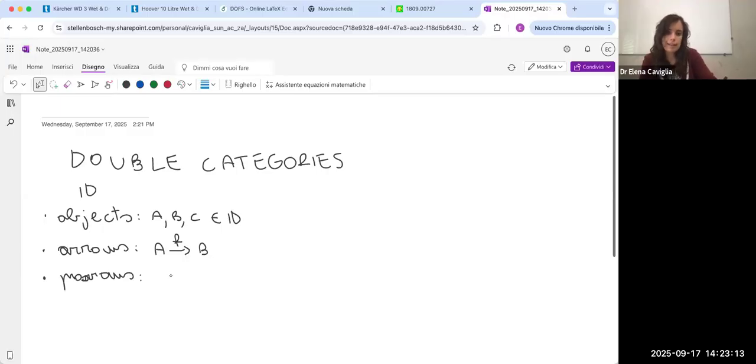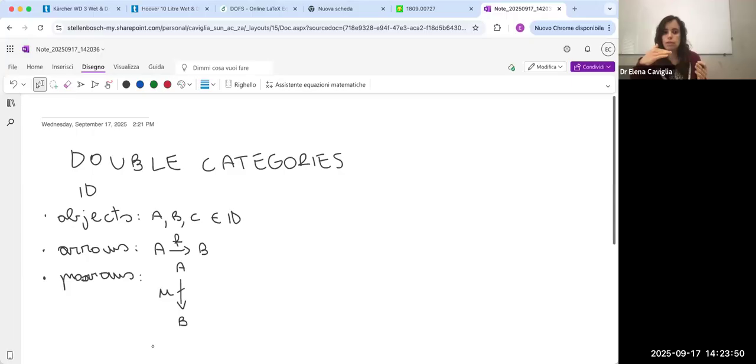And we usually write them with this notation, like a bar in the arrow. Say U, a pro-arrow from A to B. There are different conventions about this. What I usually do is write arrows horizontally and pro-arrows vertically. But there are also people who do it the other way around.